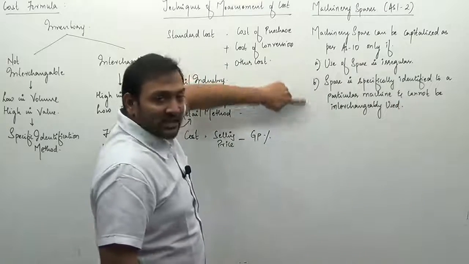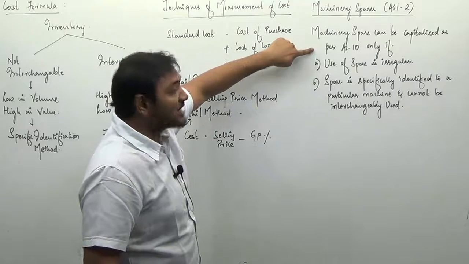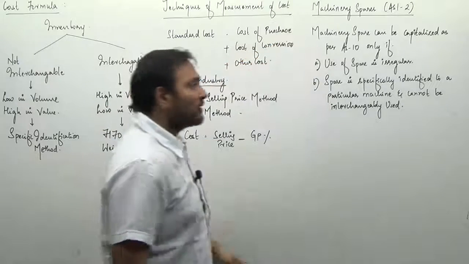If these two conditions are satisfied, then I'll treat that machinery spare under AS 10, that is, as a fixed asset.